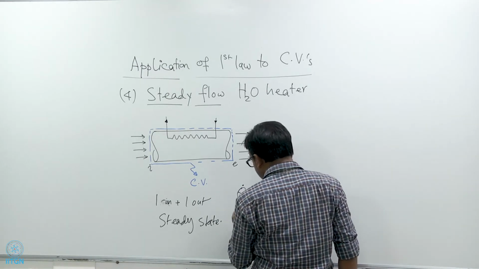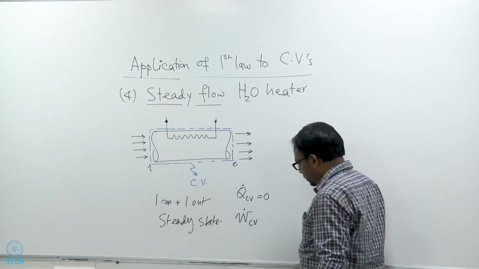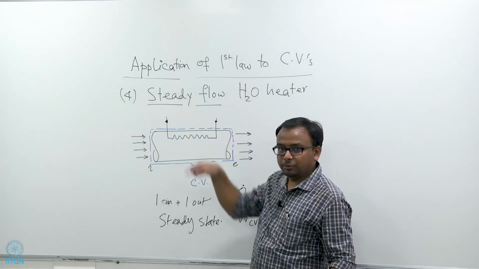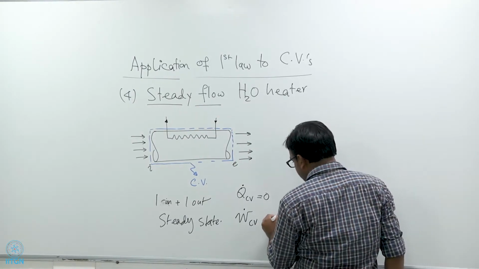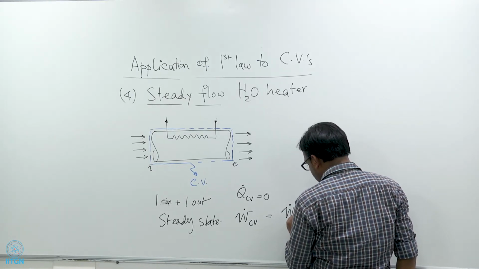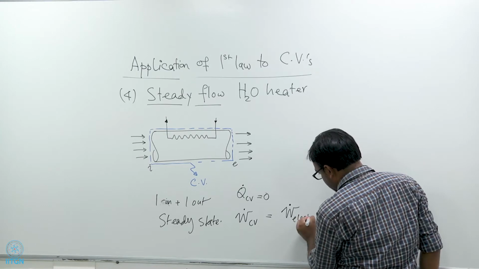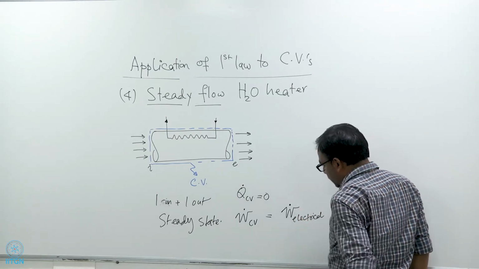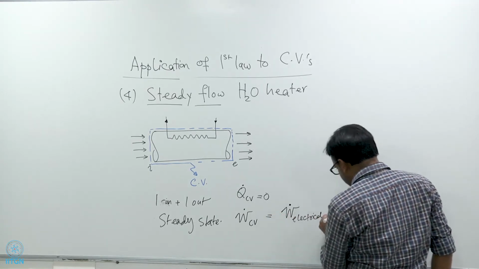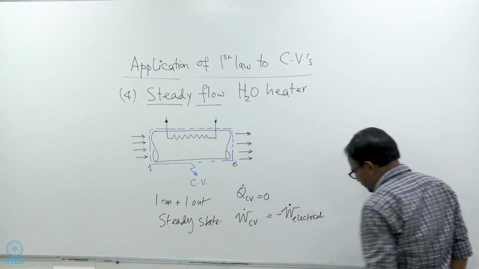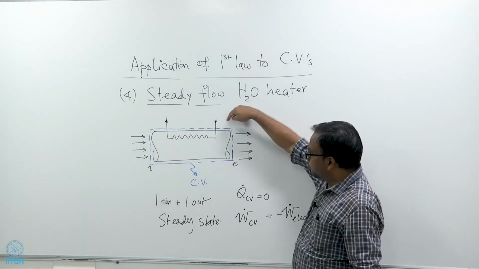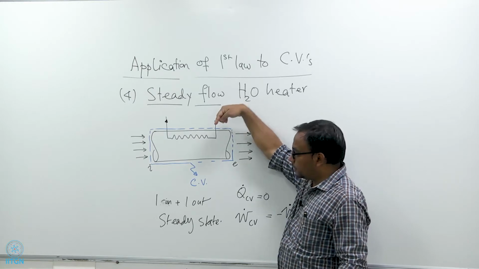What is W dot CV? So W dot CV is non-zero because you are supplying electrical work input. So W dot CV is nothing but the electrical work input, W dot electrical. Let me just put a sign here, this is minus W dot electrical, because you are putting work into the control volume.